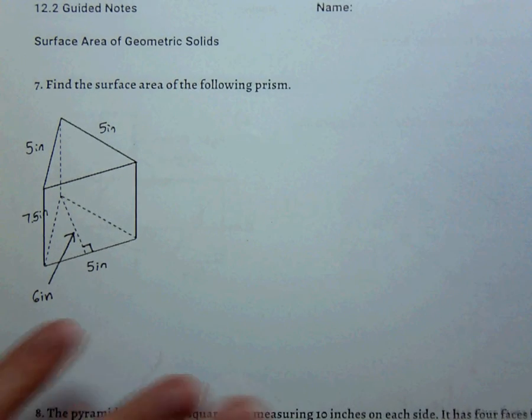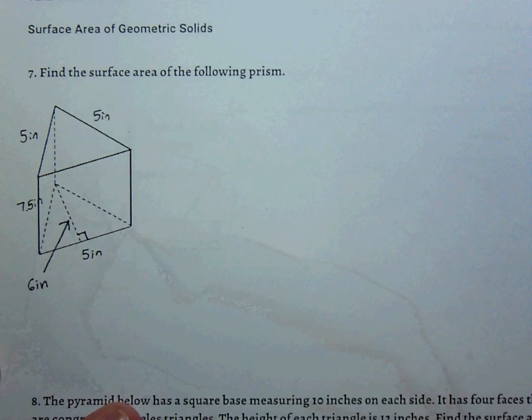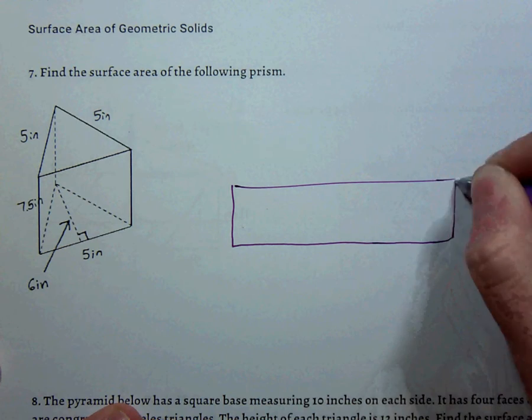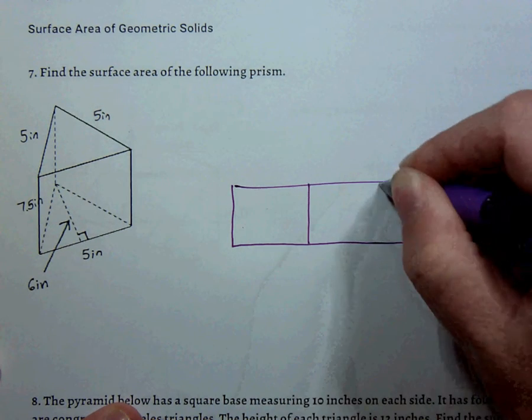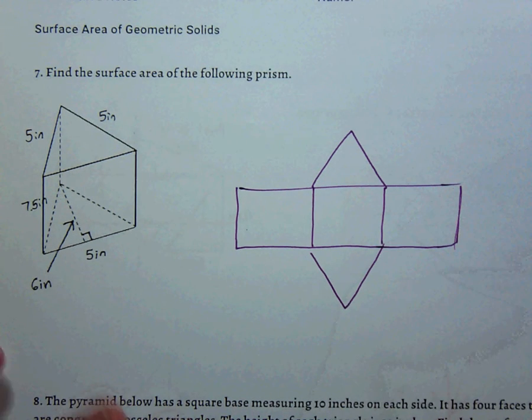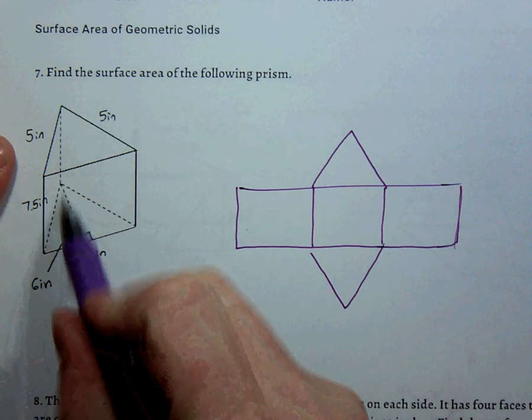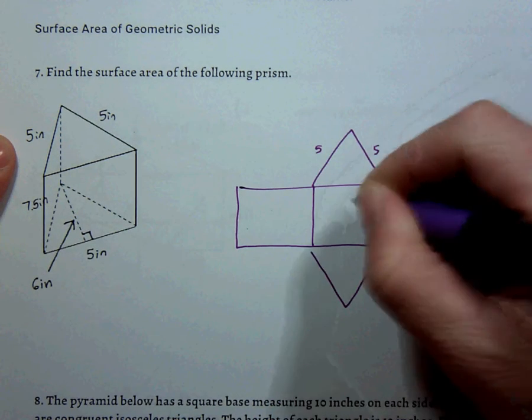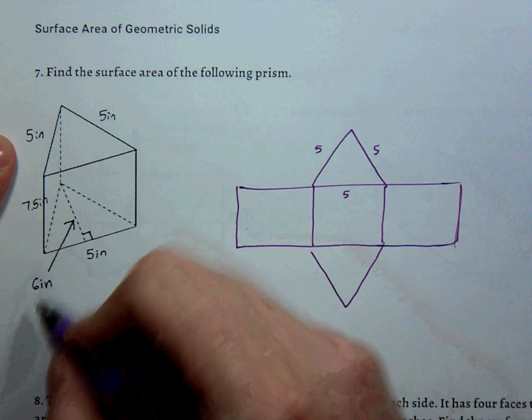All right, find the surface area of the following prism. Step 1, draw it. So I'm going to draw a big long rectangle, then break it up into 3, and then draw a triangle on each side. So I got my net. Okay, label. Step 2. Looks like all the sides of the triangle are 5. It's an equilateral triangle. 5, 5, 5.